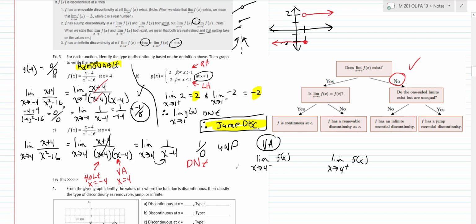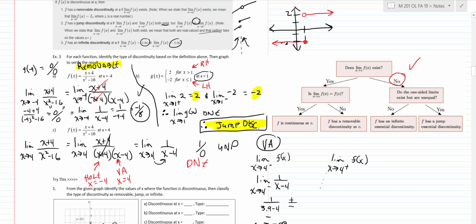This would be the limit of 1 over x minus 4. For the left-hand limit, we could use, say, 3.9. If we did 1 over 3.9 minus 4, we get a positive over a negative. We get a negative number.